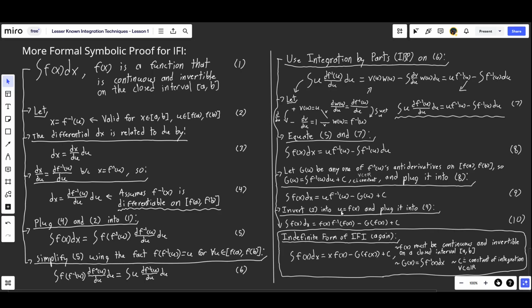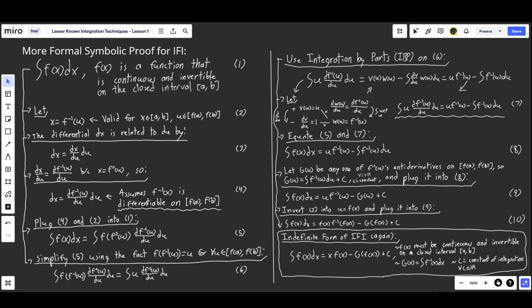After inverting, u will be equal to f of x, and plugging this into this equation and using the properties of inverse functions to simplify the inverse of f of x to just be equal to x, we'll complete the proof and once again receive the indefinite form of inverse function integration, telling us that the indefinite integral of f of x with respect to x is equal to x times f of x minus g of f of x plus a constant of integration.